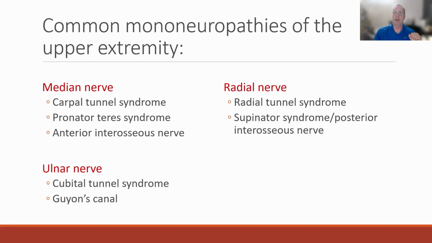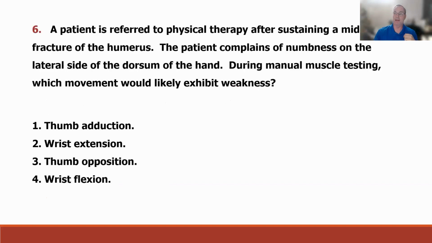So certainly be prepared for some of these common mononeuropathies. And the most common mononeuropathy is carpal tunnel syndrome. Okay, let's go ahead and move on and take a look at question number 6.